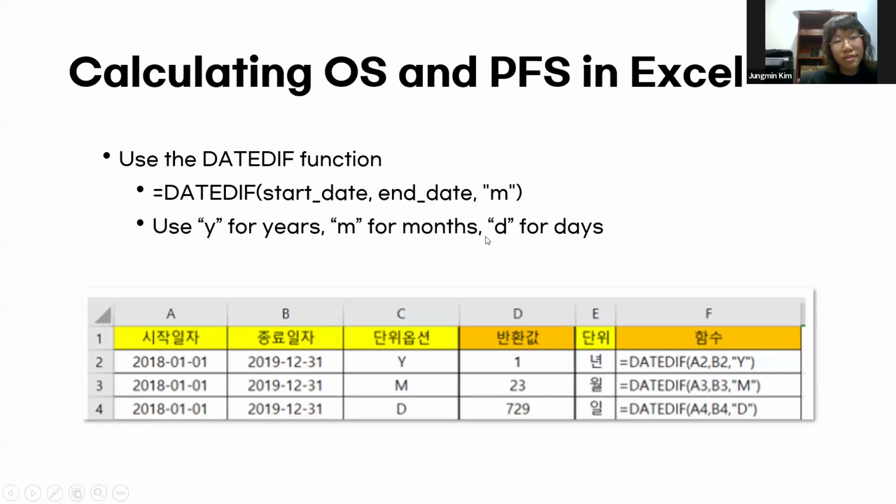If you want to know your overall survival by days, you put D in it. If you want to calculate it by months, you put M in it. If you want to calculate it by years, you put Y in it. And this is how you calculate OS and PFS. Using a function allows less room for human errors or mistakes in calculating. It makes consistent results. So know how to use this.